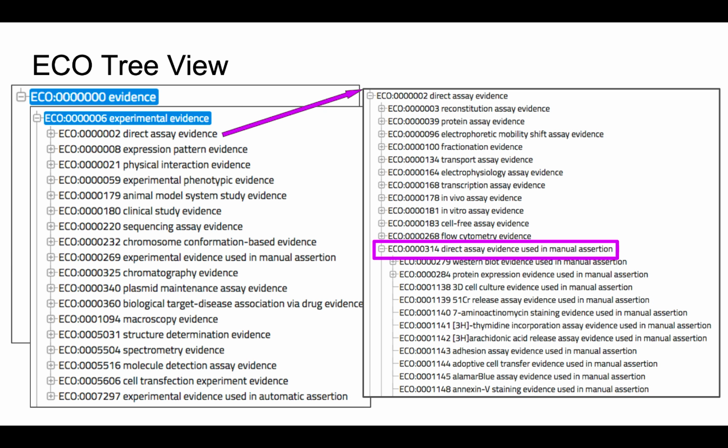All right, so if you were to click on the very top level term evidence and then look under experimental evidence, you can see that there's a whole bunch of different categories of experimental evidence. And the best way to search for what you're looking for is to find some keywords in the materials and methods to narrow down where in the tree. Sometimes you want to scan down the tree, but usually searching is a quicker way to narrow it down.